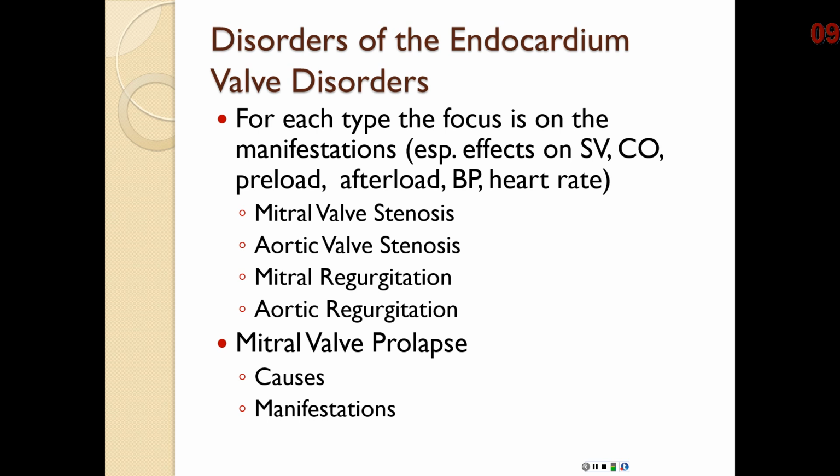It has to do with the atria filling with blood because the blood's backing up from the left ventricle into the left atrium because it can't get through that narrowed mitral valve. That will eventually leak back into the lungs. That leads to pulmonary edema and pulmonary hypertension, and that leads to left-sided heart failure.